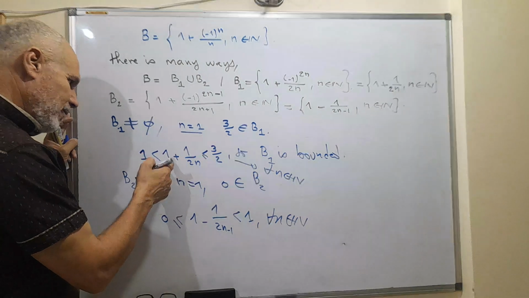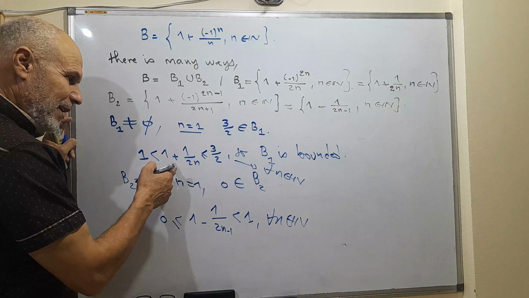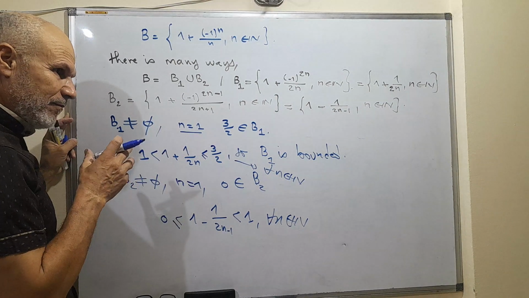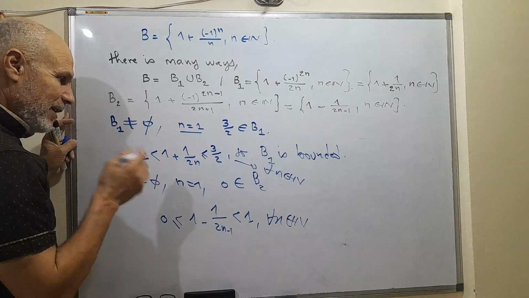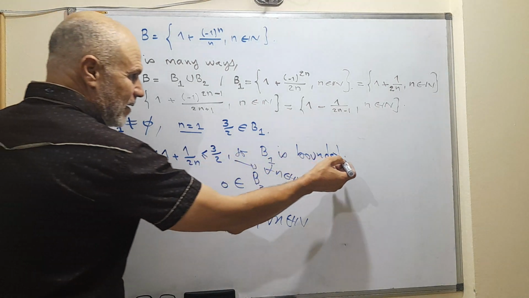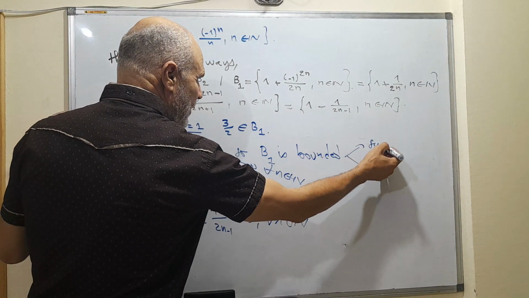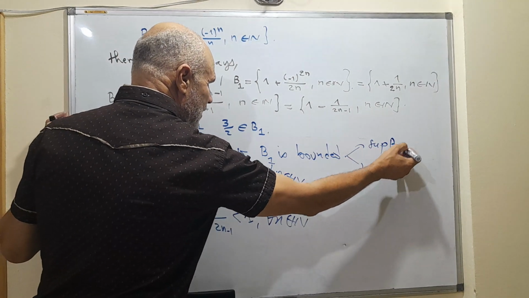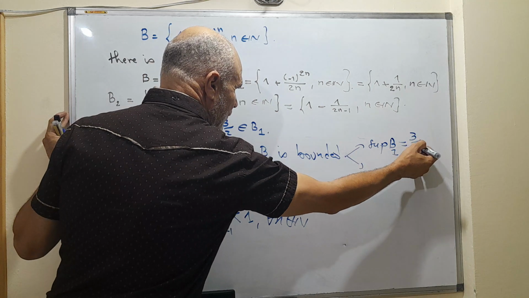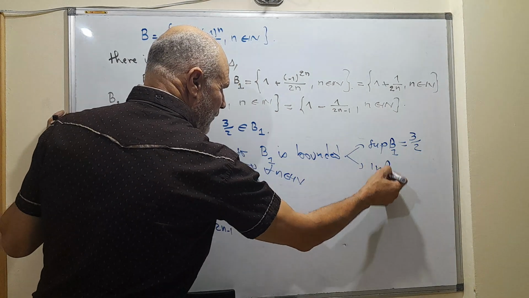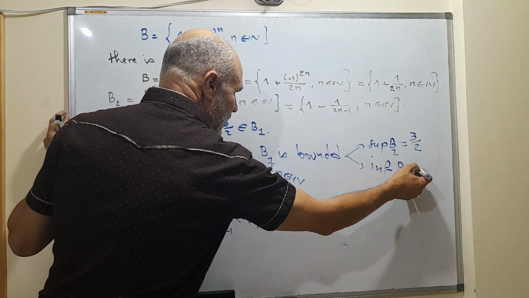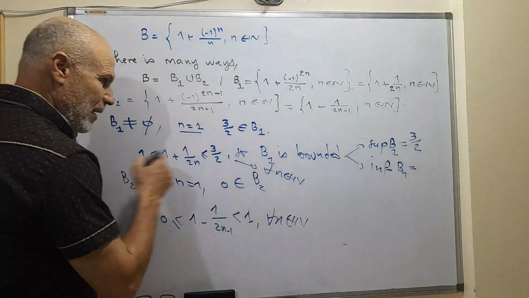From this double inequality, we suspect that the supremum of B1 is equal to 3 over 2, and the infimum of B1 is equal to 1.